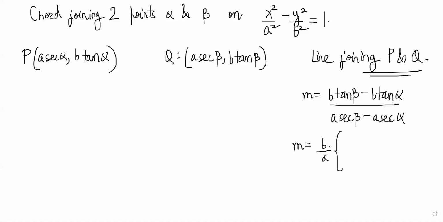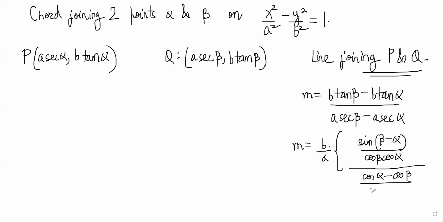So it is sine cos on top, you will get a sine of beta minus alpha, and you will get a cos beta cos alpha. And in the denominator, you get 1 by cos minus 1 by cos, so it will be cos alpha minus cos beta by cos alpha cos beta. So cos alpha cos beta will get cancelled and you will have this expression.